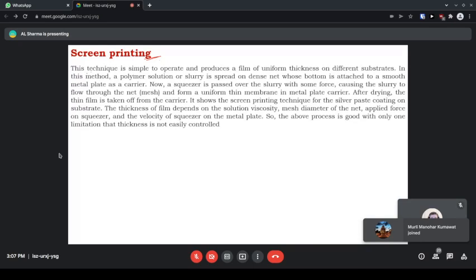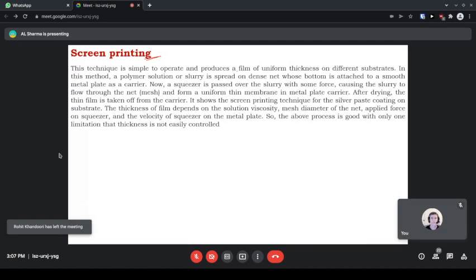So if you see here, this technique is simple to operate and produces a film of uniform thickness on different substrates.